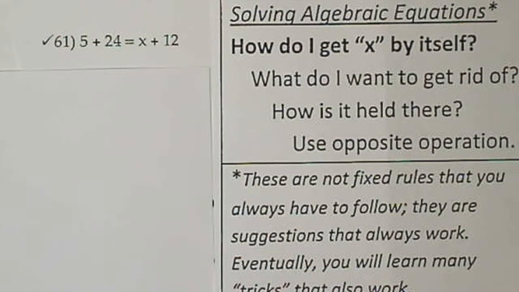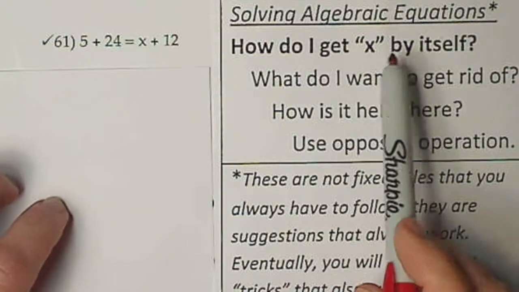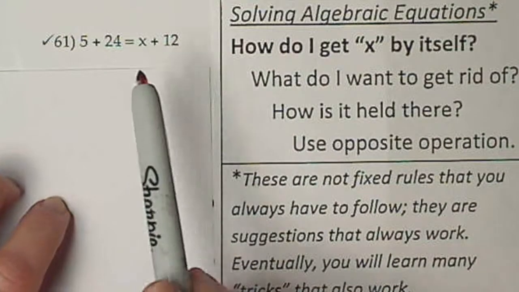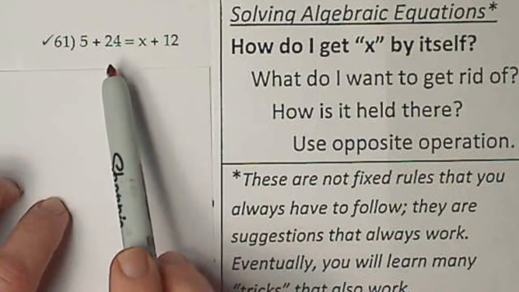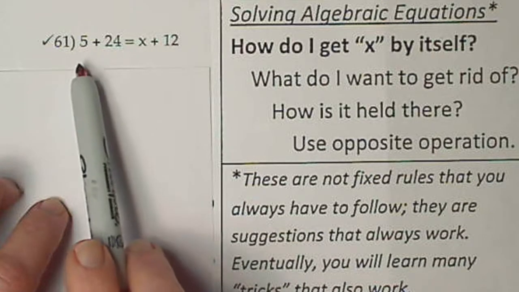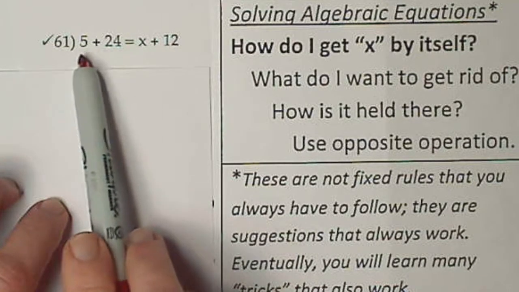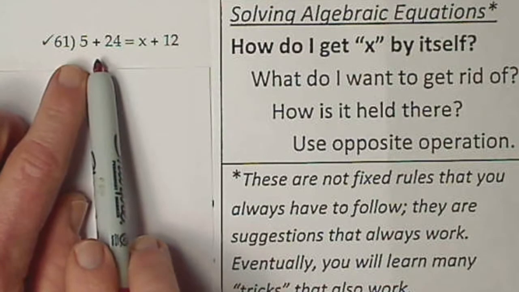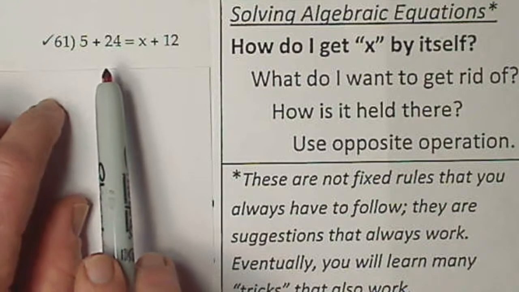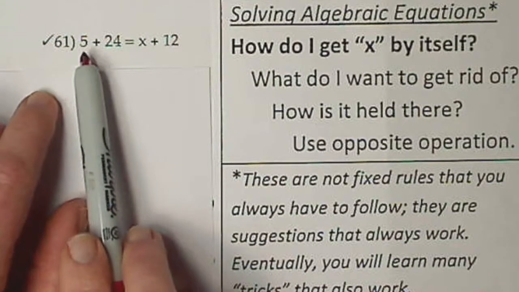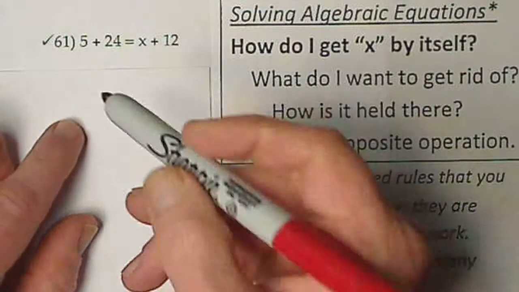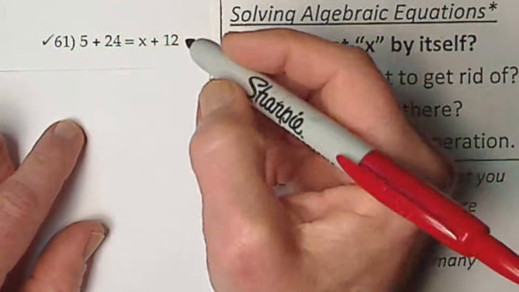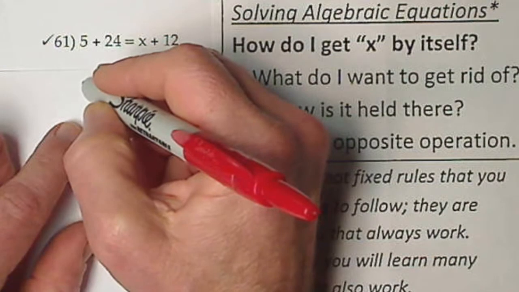Alright, so I want to get x by itself, and usually I start out deciding what I want to get rid of, but in this case I have two like terms on one side of the equal sign, so I can just put them together. Usually in math we say let's clean it up. The signs are the same, we'll add and keep the sign, so that's going to give us 29.